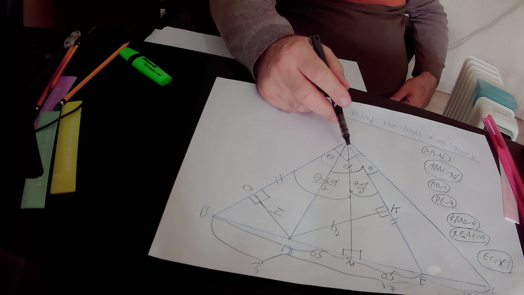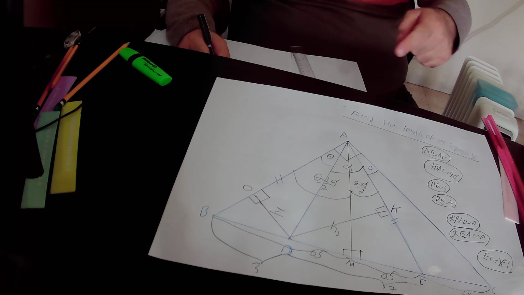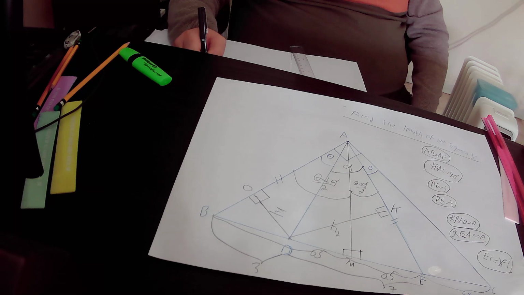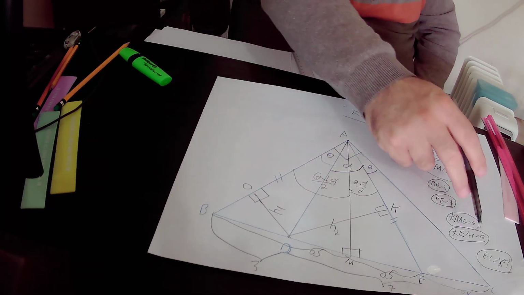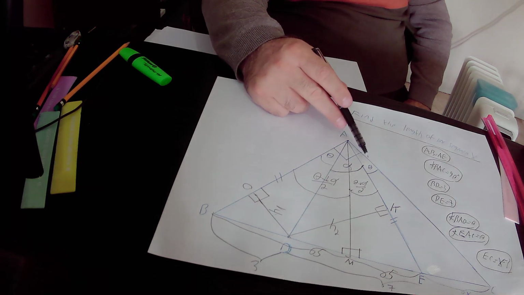It is very easy to see from the drawing that the value of angle MAC is actually equal to (theta plus alpha) over 2 plus theta.